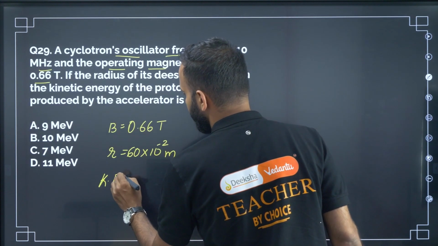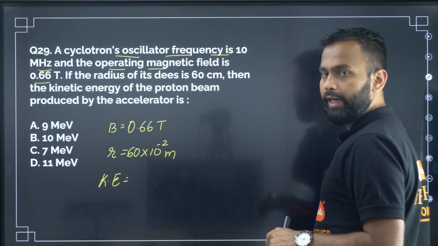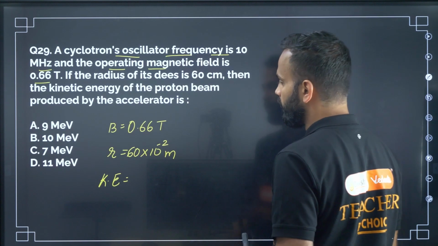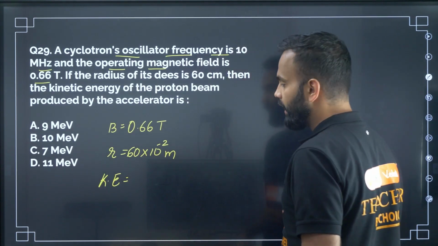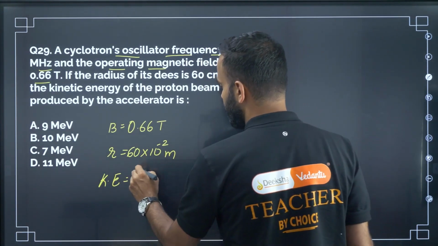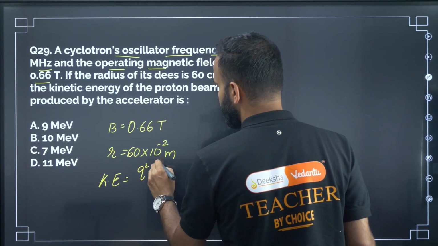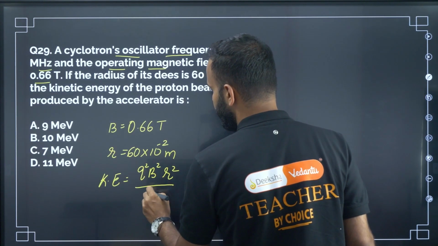That is the cyclotron. So kinetic energy KE is equal to q square B square r square divided by 2m.